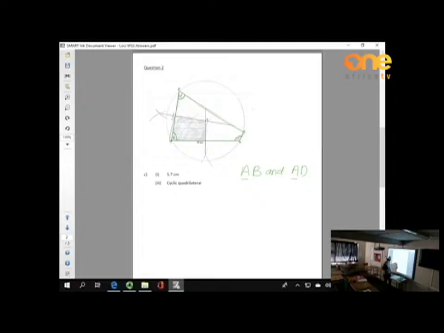Leave all construction lines. As you can see, we've got construction lines here and there, and they meet at E.